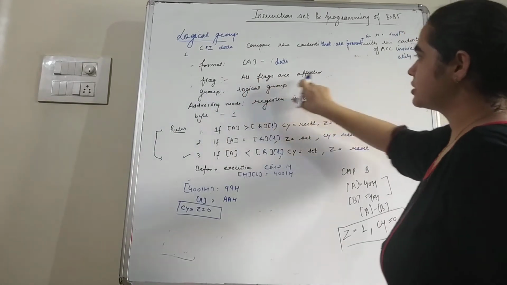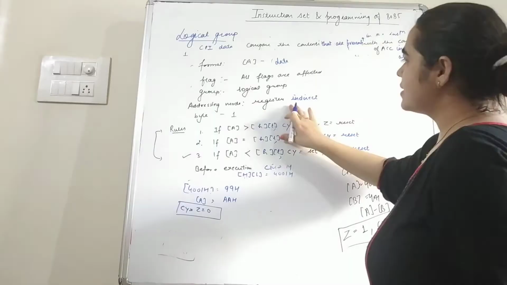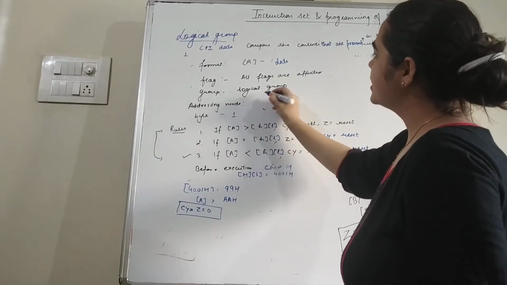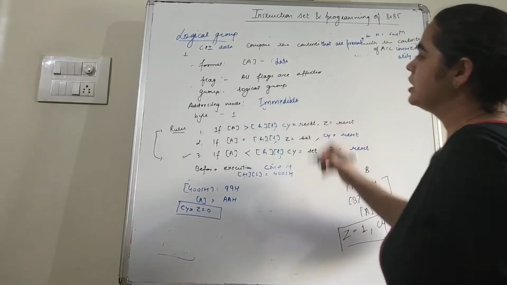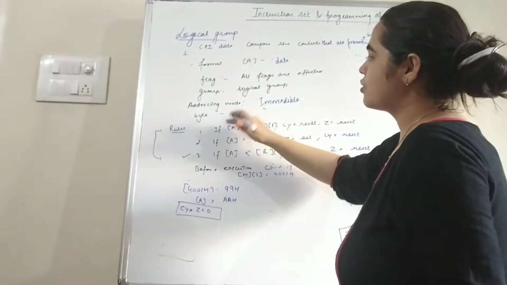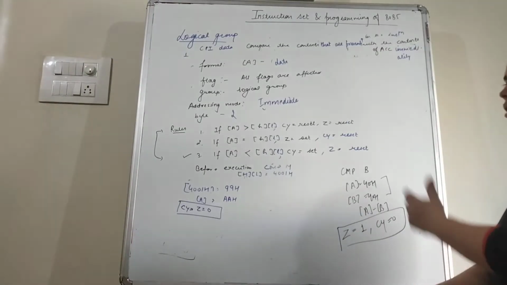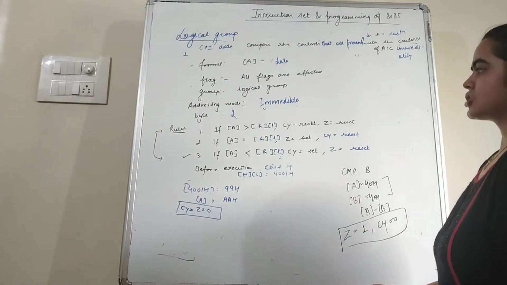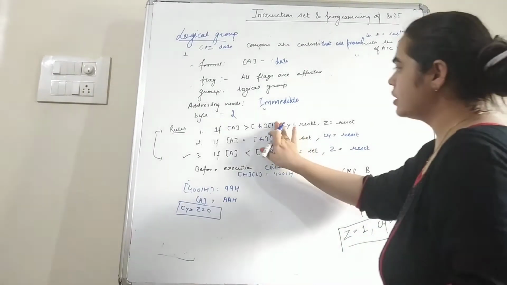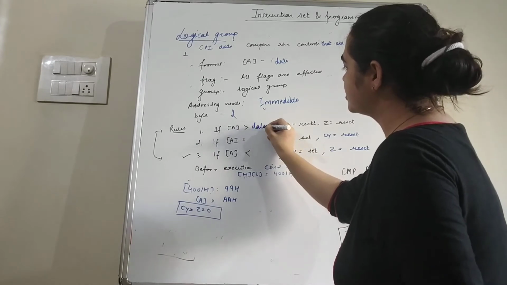For this instruction, all the flags are affected. The group is logical group. Addressing mode is immediate addressing mode, because in the instruction data is given, and 2 bytes of memory is used by CPI data. One is used to save the data and one is used to save the instruction CPI. So here we have to compare the contents of accumulator with the data.